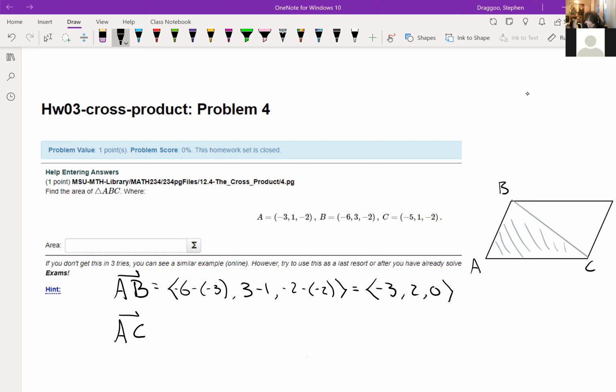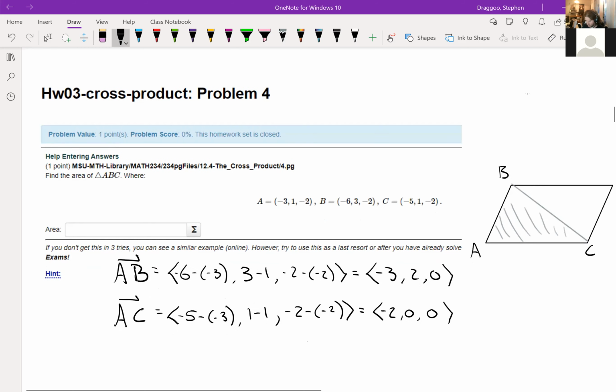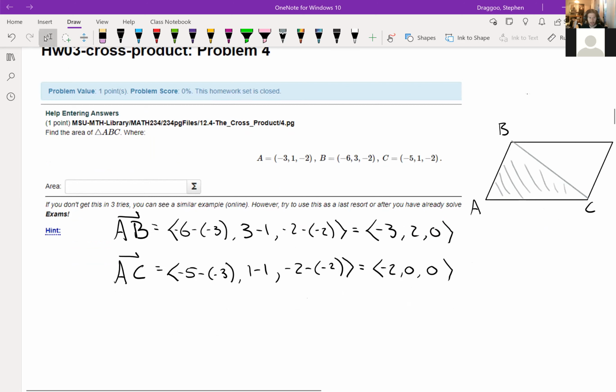I'll also look at the vector AC, which is -5 minus -3, 1 minus 1, and -2 minus -2. So that comes out to -2, 0, 0. Probably not going to write out those steps on every problem, but at least if it's on there once, I'll feel a little better about what I'm doing.